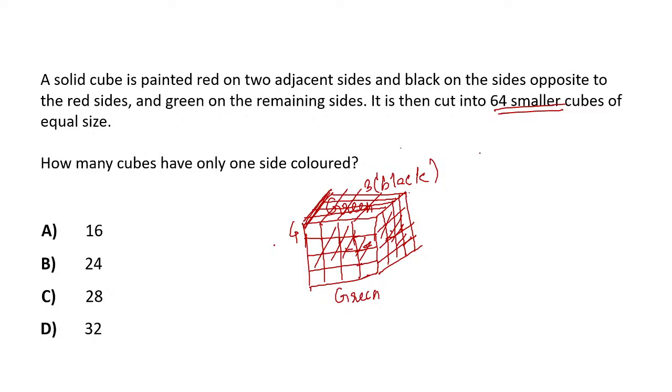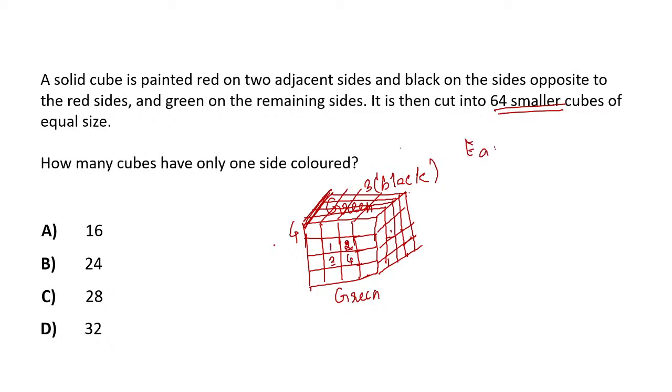The one side colored cubes will always be in the center, right? Because the other sides will be in the interior part of the cube. So only the cubes in the center will have only one side colored. So how many center cubes are here? 1, 2, 3, 4.